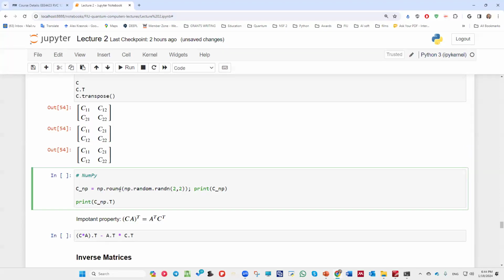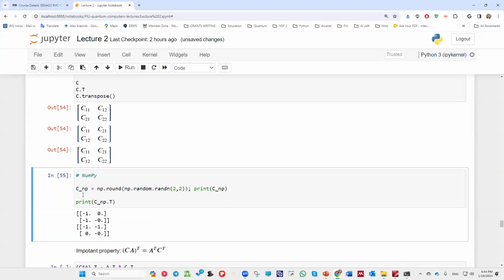In NumPy, of course, we also have transposition. I cannot use these symbolic matrices for NumPy because NumPy is for numerical work, right? I cannot use letters here. I need to use particular given numbers. In order to create some matrix, I write this line of code, which creates a 2 by 2 matrix with random values.